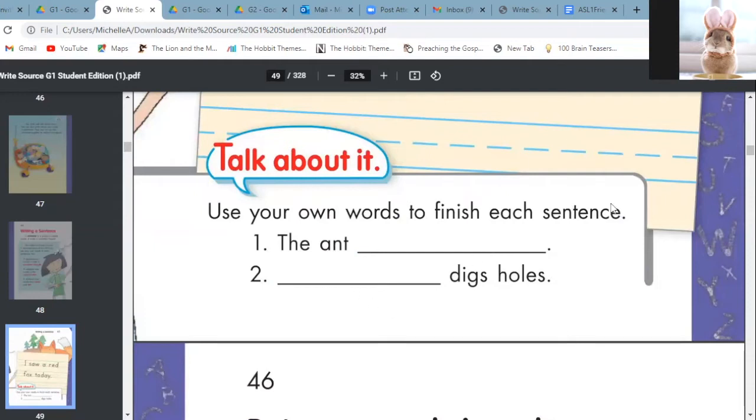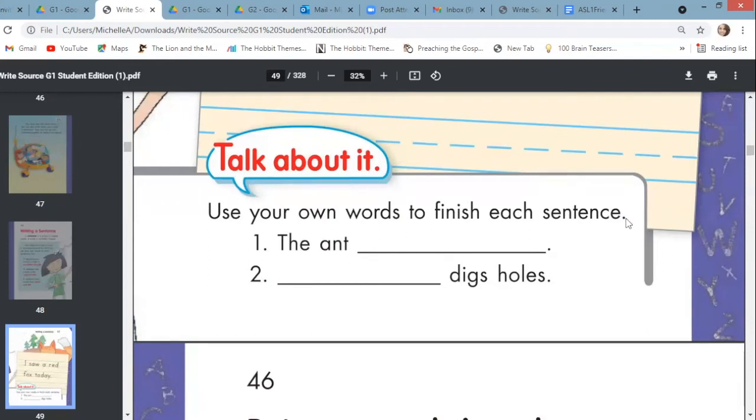How about the second one? Question number 2. Leo? Hi, Leo. Do you want to try number 2? Does anyone want to help out Leo? Okay. Hello.